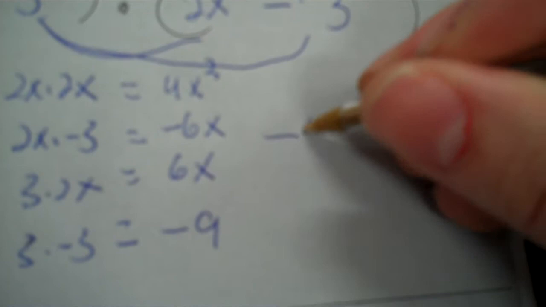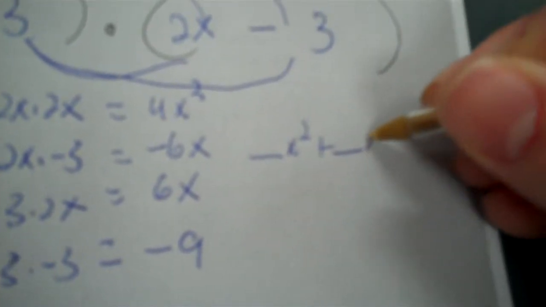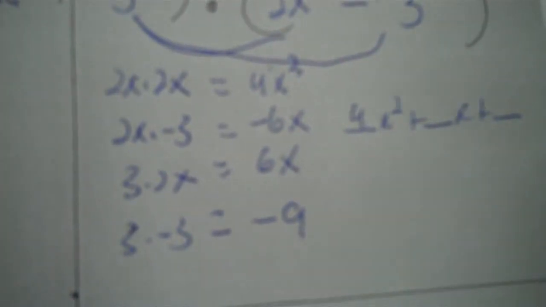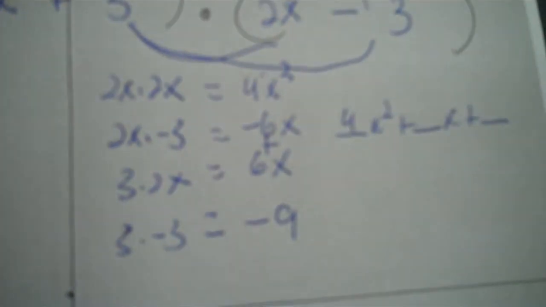So if I combine the like terms, the x second term is 4. The x, negative 6 plus 6 is 0. So since they add to 0, they cancel out. And then you have negative 9. So 4x to the second, and then plus negative is expressed as just minus 9. So that's why this goes into here.